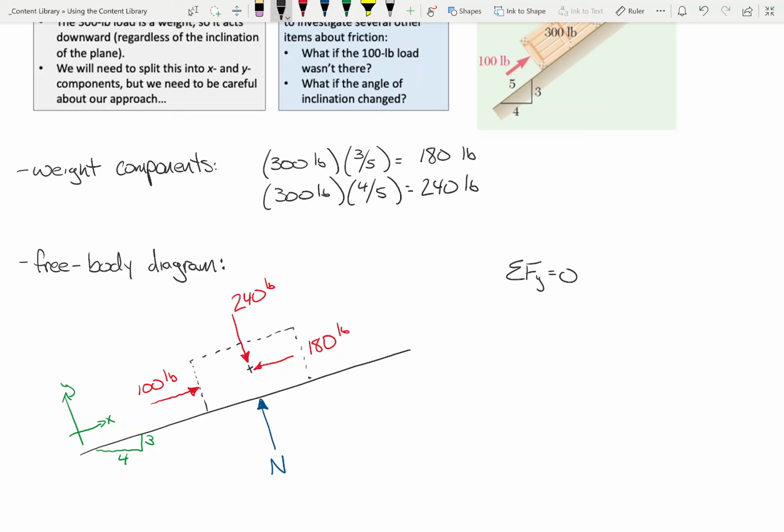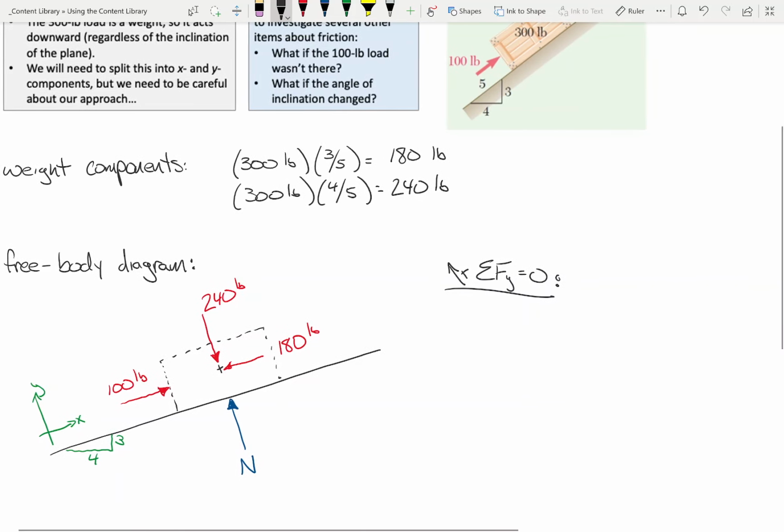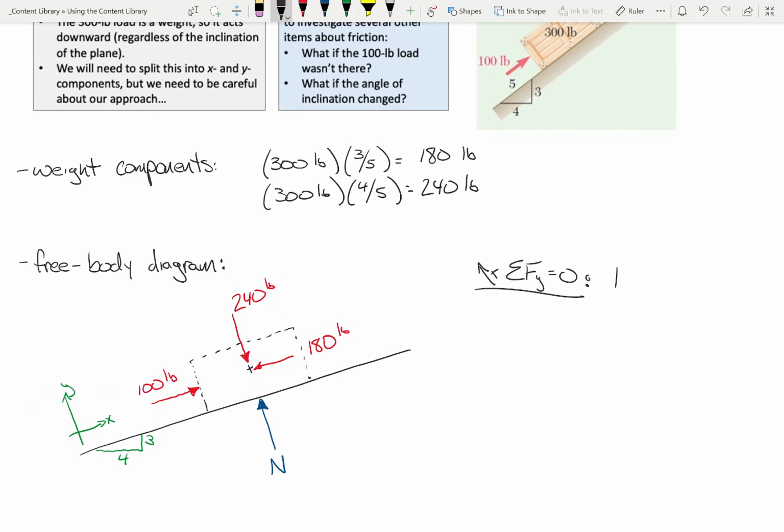You're going to laugh maybe a little bit at this, but I'm going to sort of draw it like that, because y in this case isn't like up. Y is this way. Okay? So if I do that, I'm going to have a positive N minus 240 pounds and I get that. Okay.